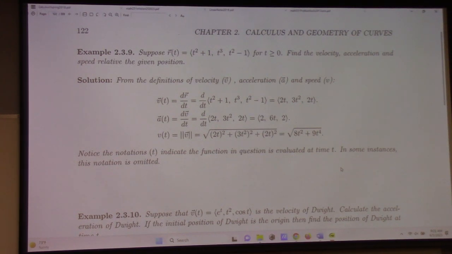Which means I'd have to differentiate 1 over the square root of 8t squared plus 9t to the 4th, times the, what was it? 2t, 3t squared, 2t. And of course, you can do that. This would be dT/dt. Nothing's stopping you from doing it, but it's going to take you some time.